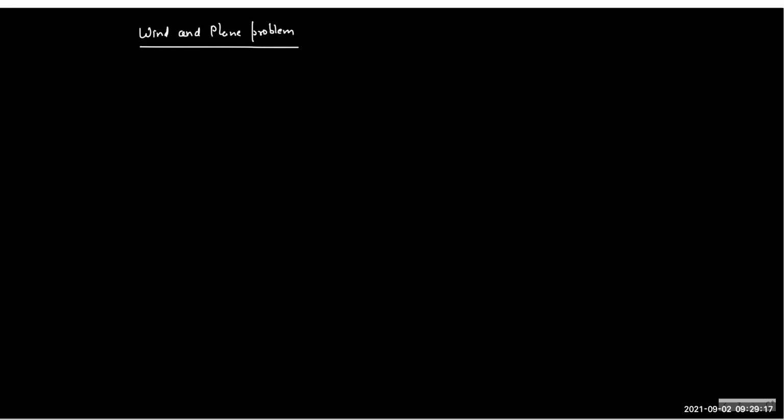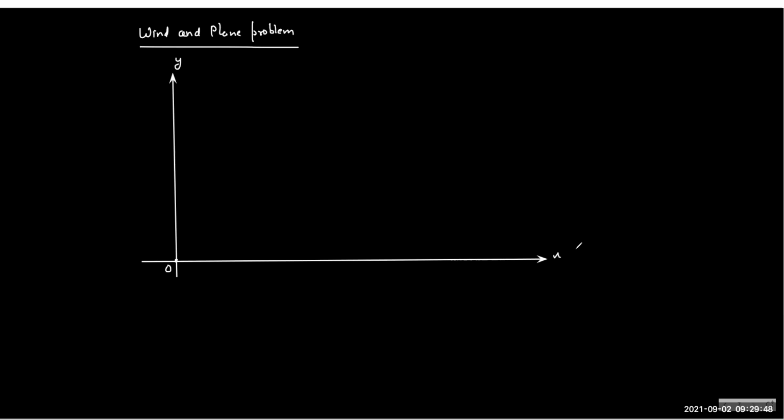In the wind and the plane problem, what do we need to do? Let's take two airports. The first airport I'm putting at the origin, and let's call this the y-axis. This is the x-axis, but I will say it's east. Let's call this north.